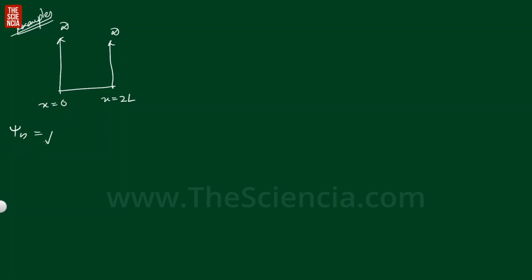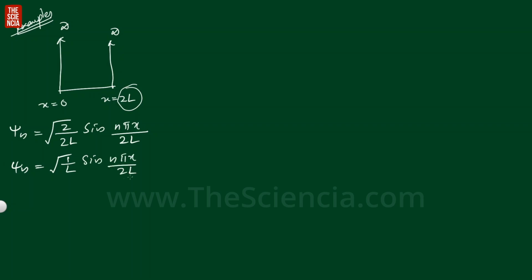It will be equal to root 2 by length. That is, now the length of the box is 2L, so root 2 by 2L into sine n pi x by length of the box, that is 2L. So you get psi n is equal to root 1 by L sine n pi x by 2L.